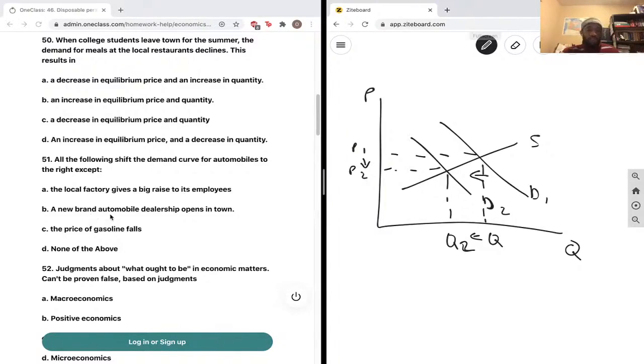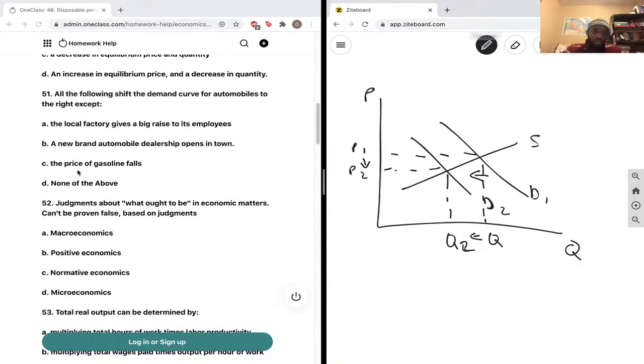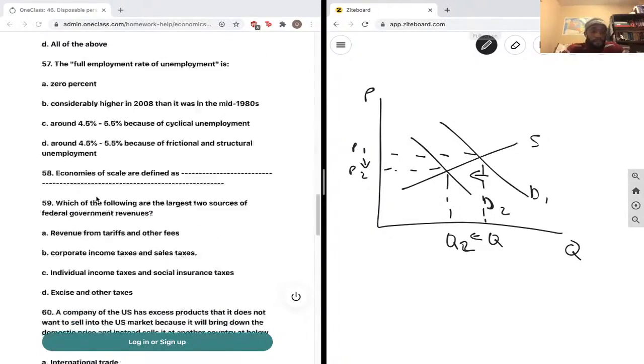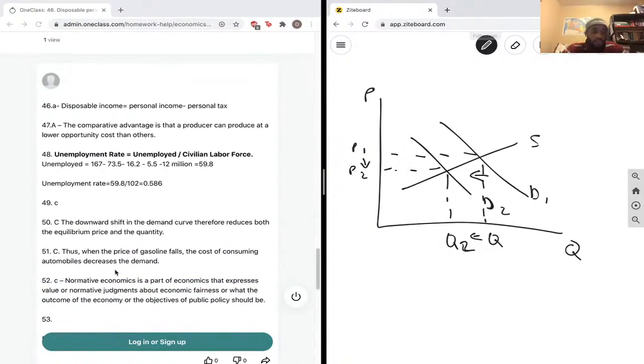B, a new brand for automobile dealerships opens up in town. That's more supply of automobiles. People have more choices, and demand could go up. A local factory gives a big raise to its employees. Yeah, I don't know if I agree with that. I think the answer should be A, because giving a raise to your employees has nothing to do with the demand curve. So 51 we don't agree with.